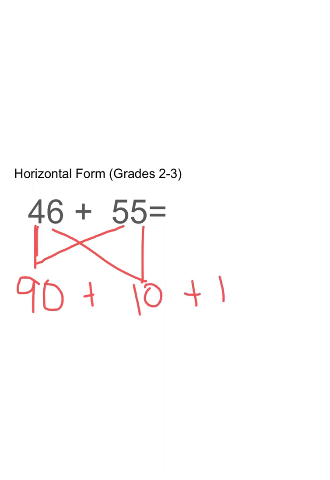Notice if I have not practiced expanded a lot, then I might call that a 4, and I might call that a 5, and then I would get a 9 plus 10 plus 1. So I need to make sure by practicing for weeks that these kids know that's a 40 plus a 50. So they know the answer is 101.